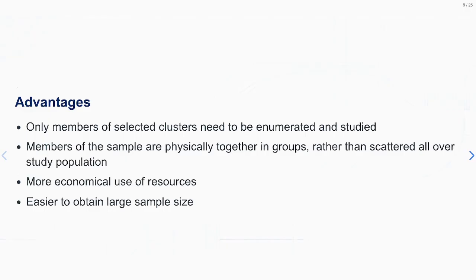In contrast to these disadvantages, there are certain advantages to be gained from cluster sampling. Only members of selected clusters need to be enumerated and studied. Members of the sample are physically together in groups rather than scattered all over the study population. It is more economical compared to the other method, and it is easier to obtain a large sample size using this approach.